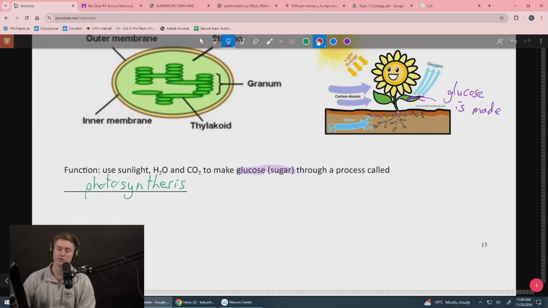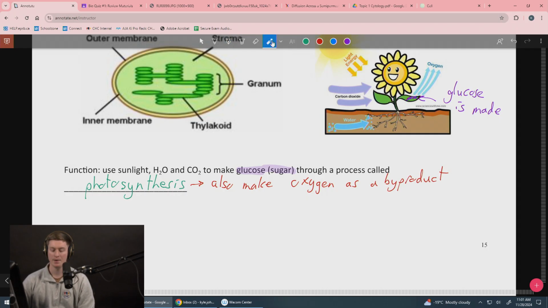Besides making glucose, we also release oxygen as a byproduct. This reaction is super important for us because we need both oxygen and glucose to live.